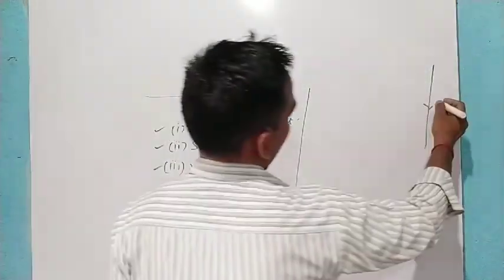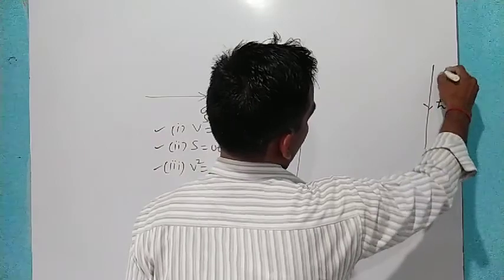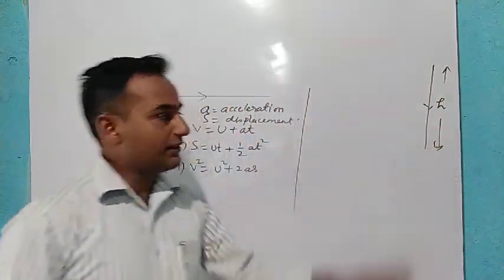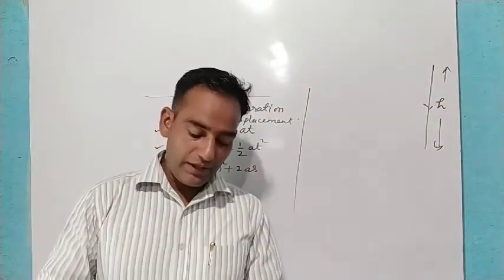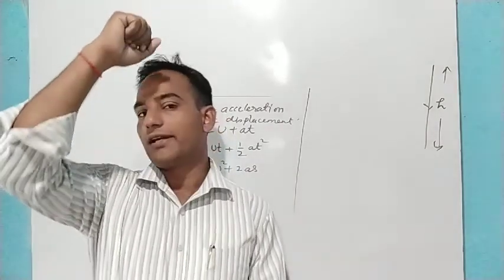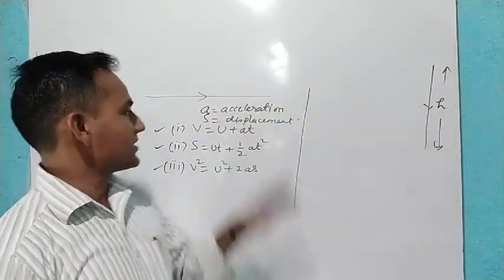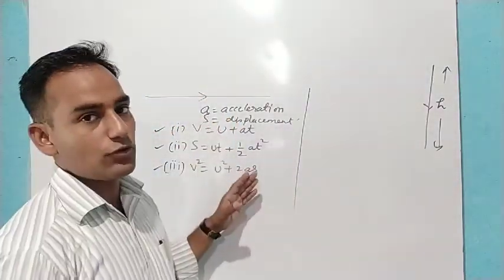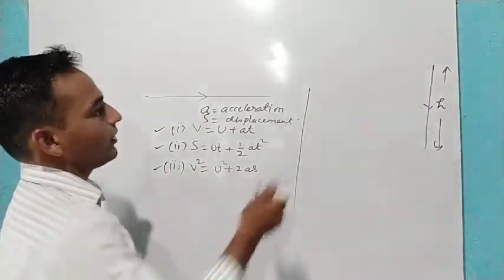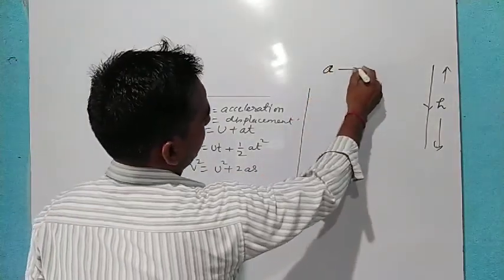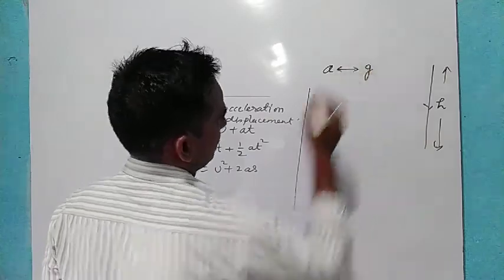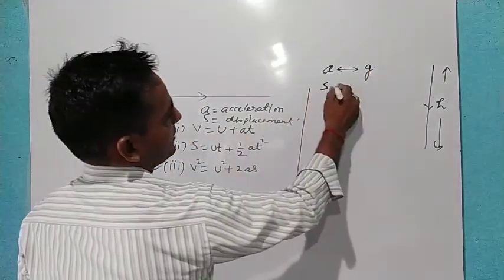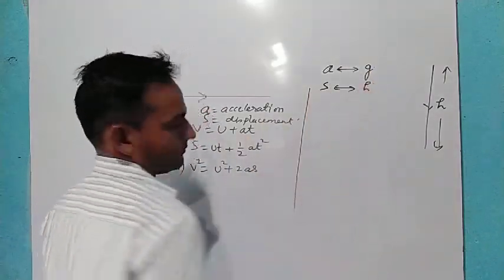If any object is falling from height h, we use the same equations of motion, but in place of A, the acceleration, we now use the gravitational acceleration, and displacement will be h.